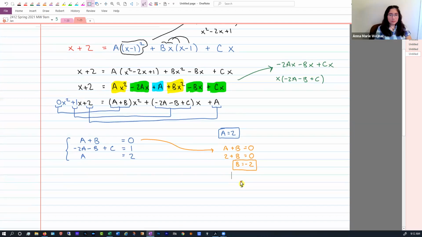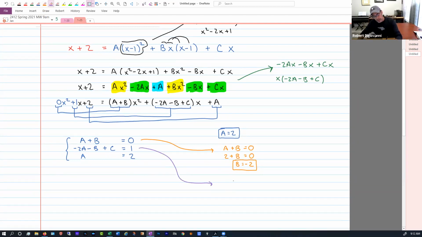Yes. And if we look at the second equation, right, this one, we know that negative 2a minus b plus c must be 1. And so we know a is 2, right? So this becomes negative 2 times 2. We know b is negative 2. Be careful here. So minus negative 2 plus c must be 1.